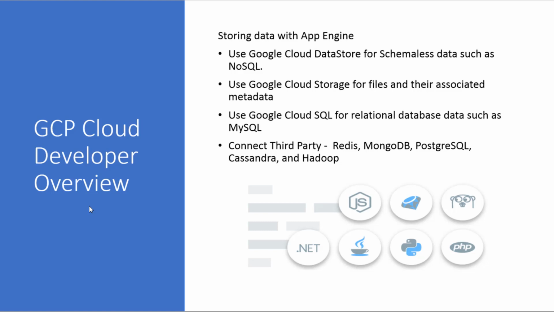For example, Cloud Datastore. If we're storing schemaless data, such as NoSQL, Datastore may be the right choice. It is integrated. It's got API tie-ins with Datastore. So this is a great choice for mobile profiles, perhaps.